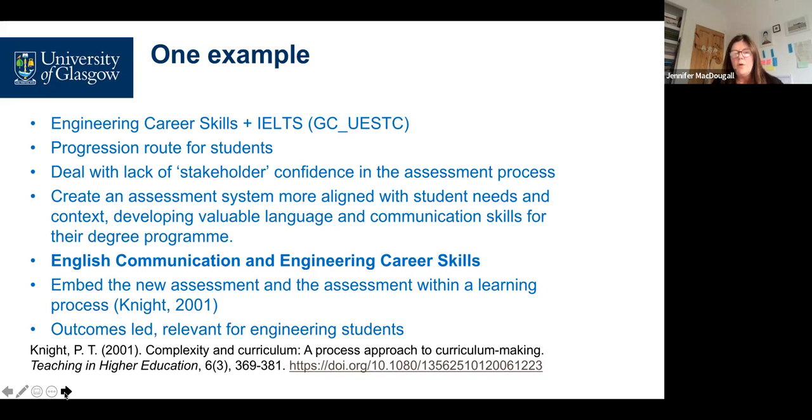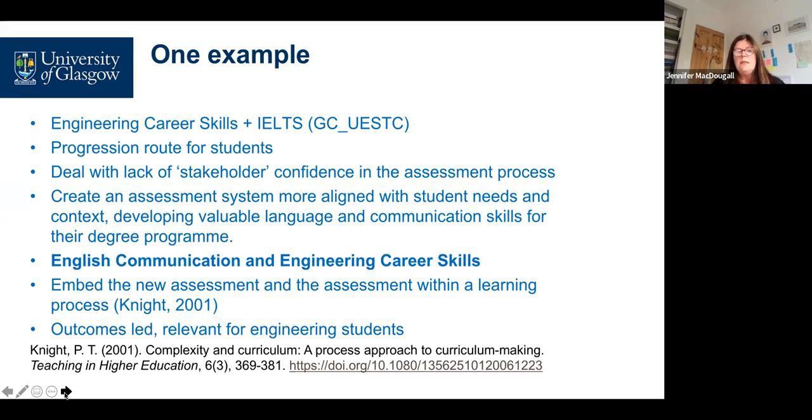We had a lot of problems in terms of a lack of stakeholder confidence in the assessment process that existed, because the students would do IELTS-like tests internally and pass them, but then they also had to take an external IELTS test, and a lot of them would not meet the criteria and the scores that they were required to get.